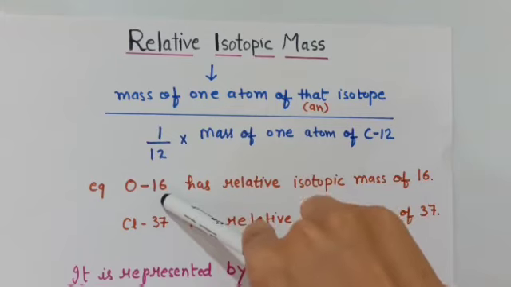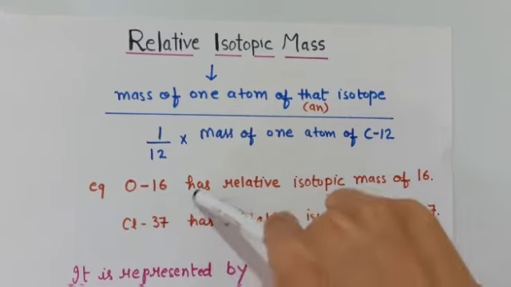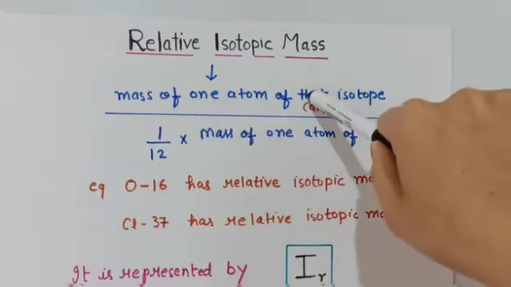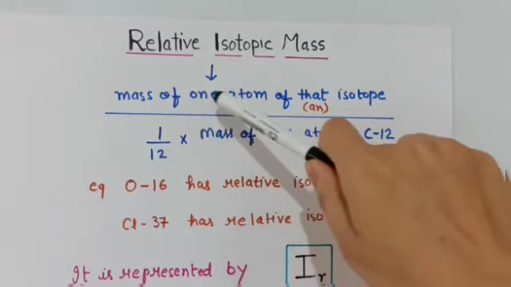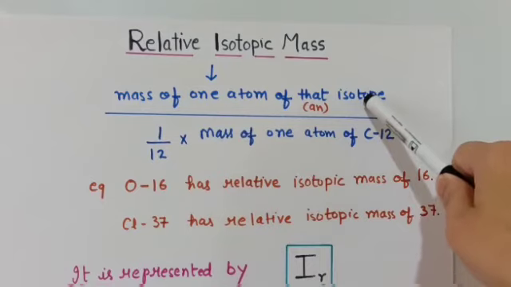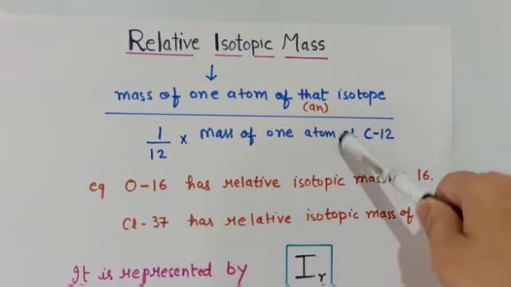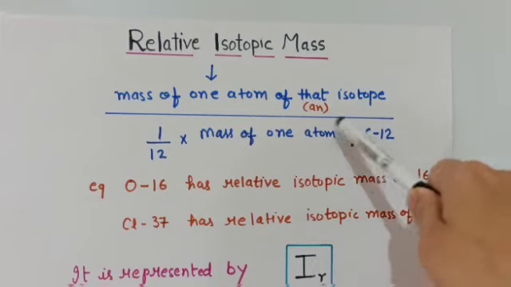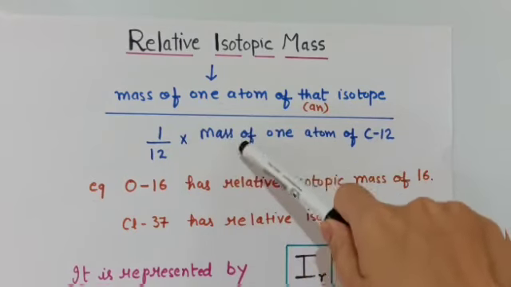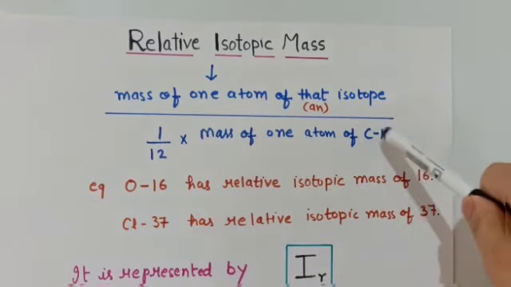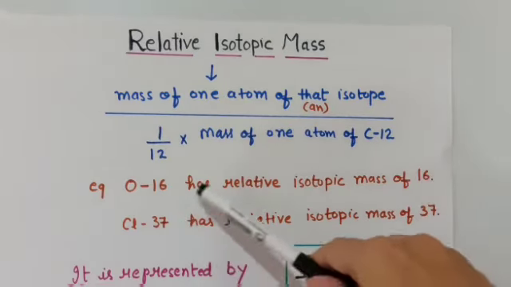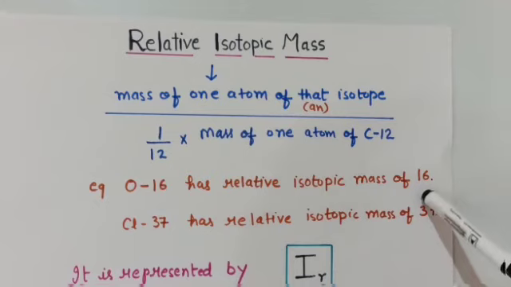So if we take only oxygen 16, it has a relative isotopic mass of 16, because here we have to put the mass of one atom of the O16 isotope, and we will take the ratio, or compare it with a reference. What is the reference? The reference is the same, 1/12 of the mass of one atom of carbon 12. So we can say that O16 has a relative isotopic mass of 16.